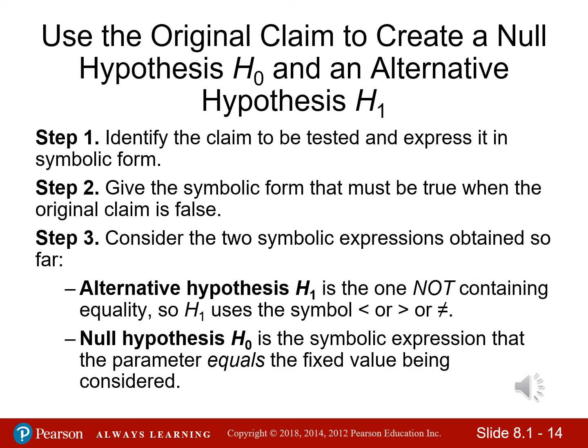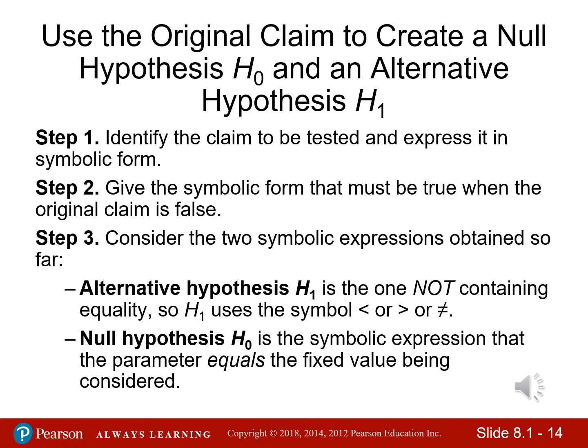Let's review the steps of hypothesis testing in the context of our drone example. Step 1. We identify the claim to be tested and express it in symbolic form. Step 2. We give the symbolic form that must be true when the original claim is false. Step 3. We consider the two symbolic expressions obtained so far.